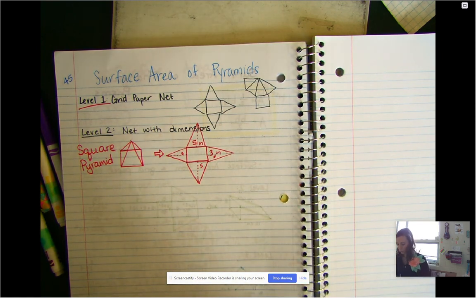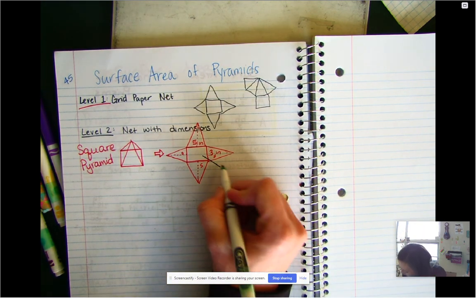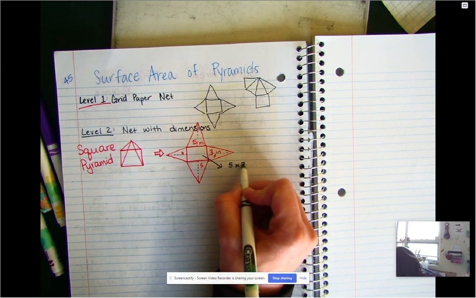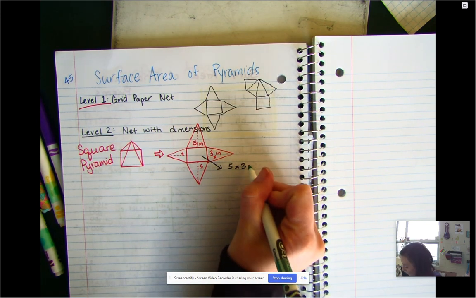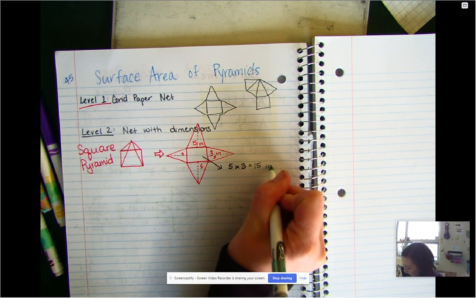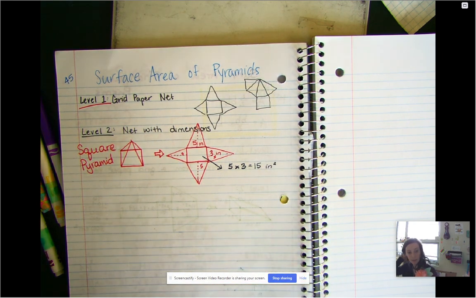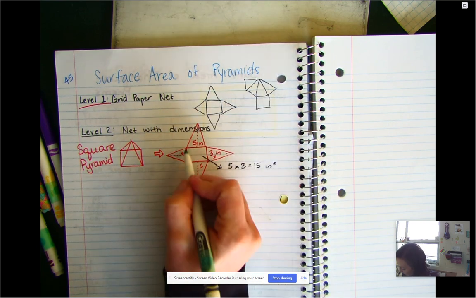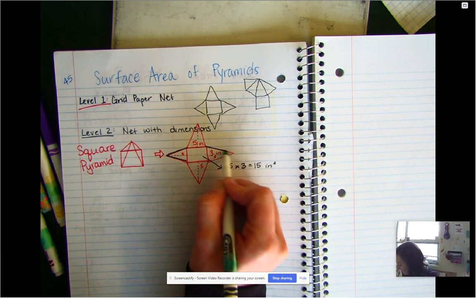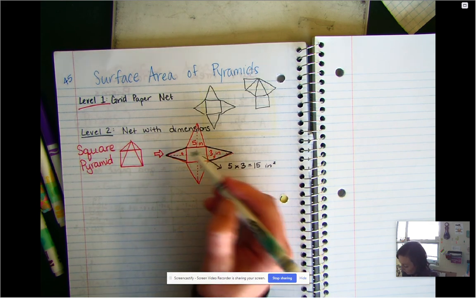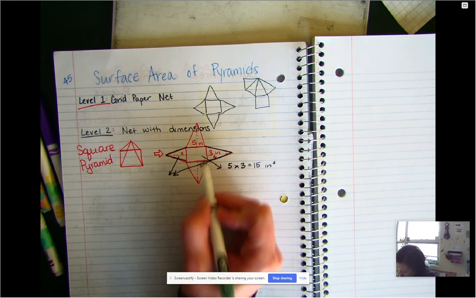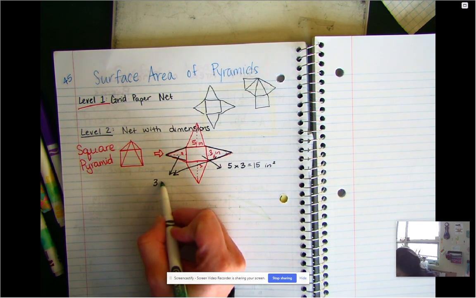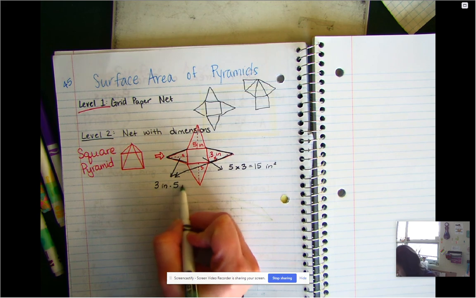Okay, so we start, the square in the middle is a regular old rectangle, and that is 15 inches squared. So that's the area of the base. Now we have these 2 triangles right here that have the same width and the same height, so they're going to end up having the same area. They have a base of 3 inches and a height of 5 inches.